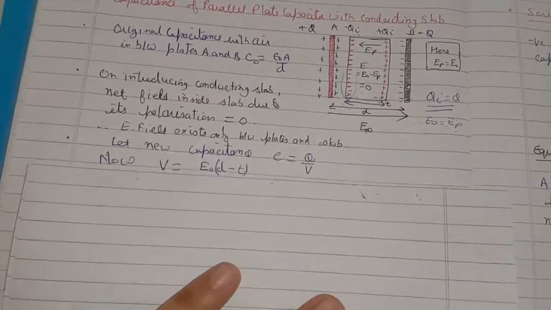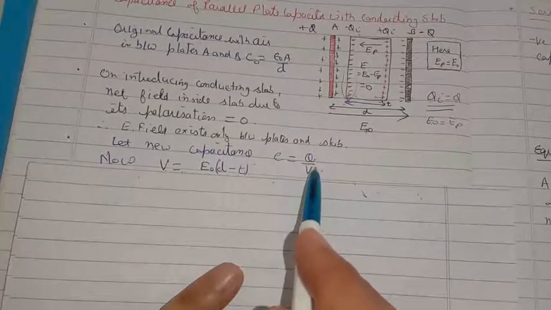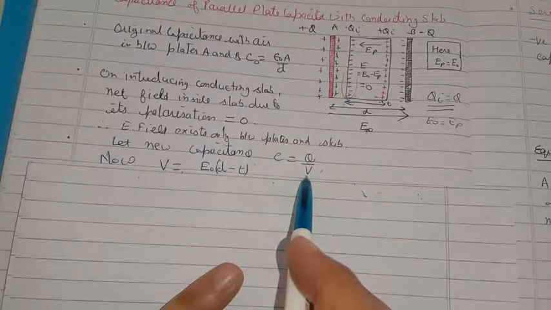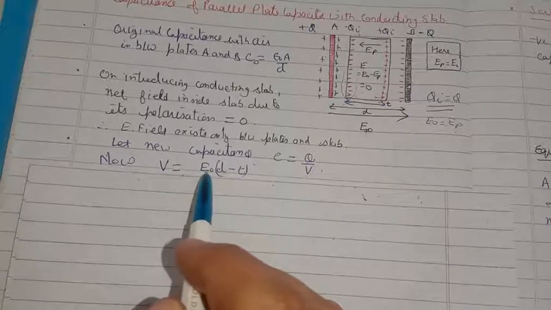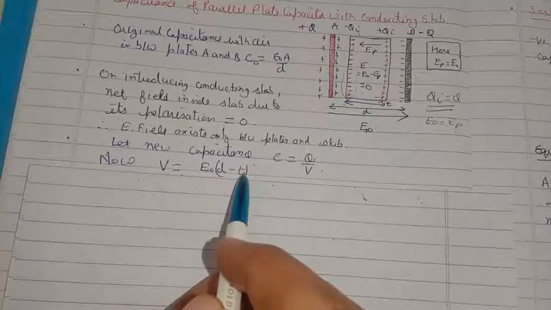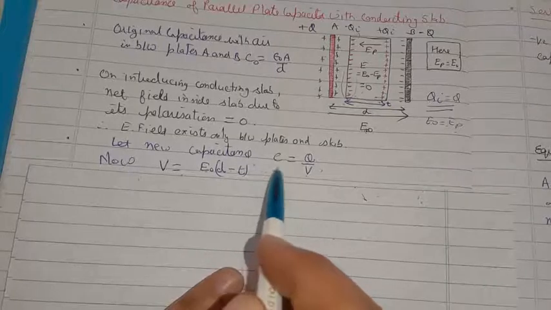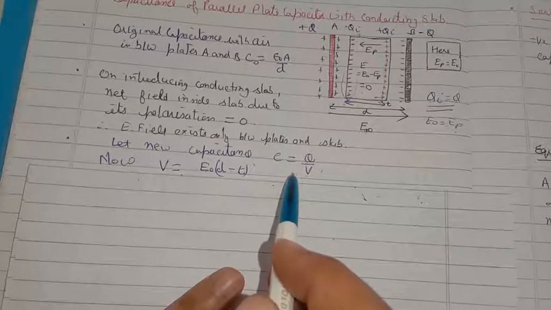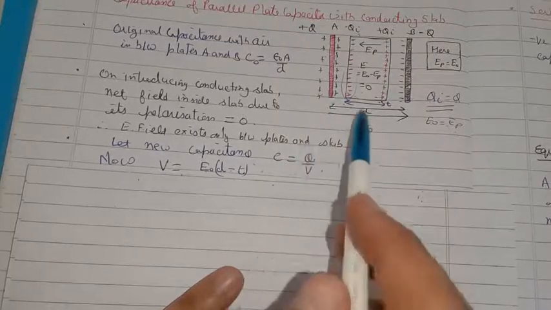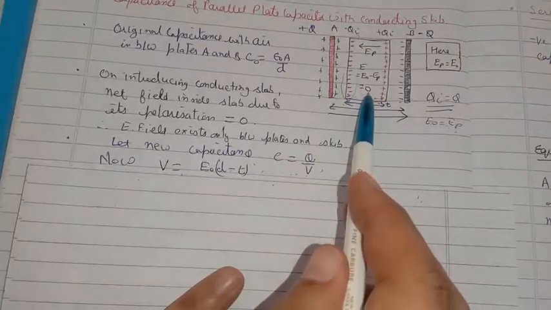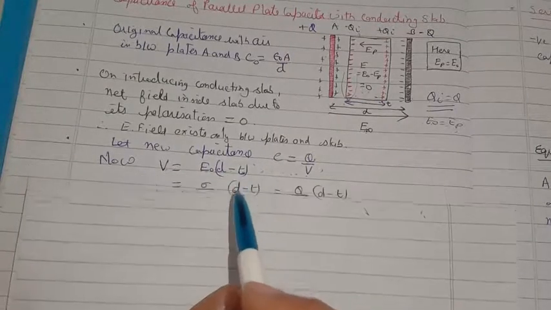So in this case the new capacitance will be equal to Q by V. Again we have to find the potential difference between the plates, but in this case the potential difference will be simply E naught into (d minus t). Last time it was E naught into (d minus t) plus E into t, the reduced field multiplied by the region thickness in which it was existing, but now in the t thickness the net field is 0, so we are left with only V equal to E naught into (d minus t).